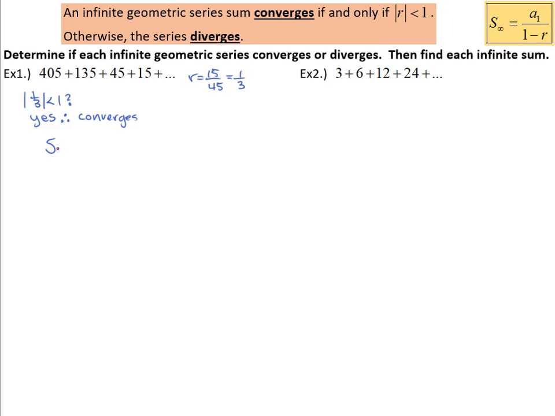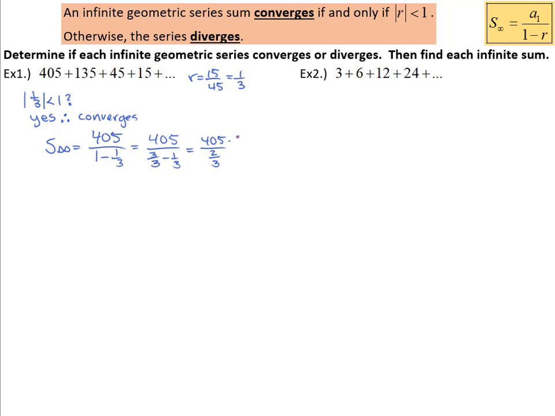The infinite sum equals the first term, 405, over 1 minus the common ratio, which is 1/3. So once again, give yourself a common denominator so you can subtract down below. Let's make that 3/3. Minus 1/3 becomes 2/3.